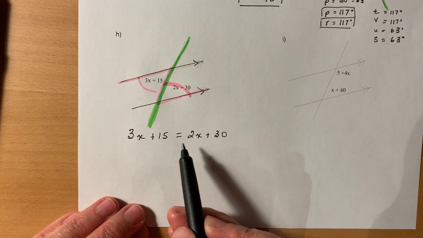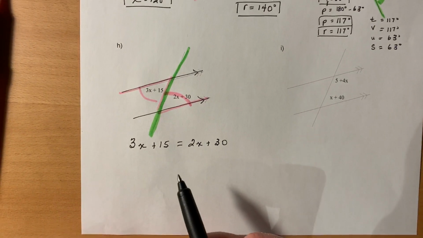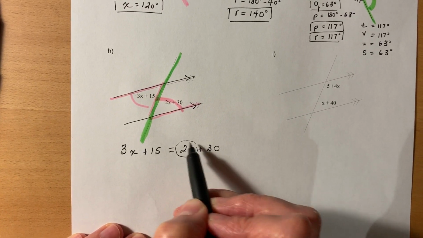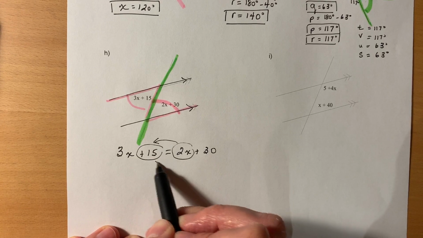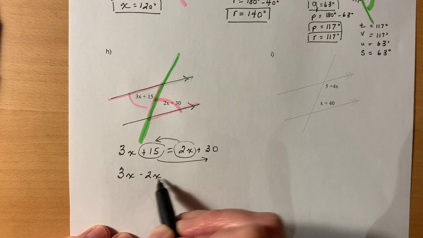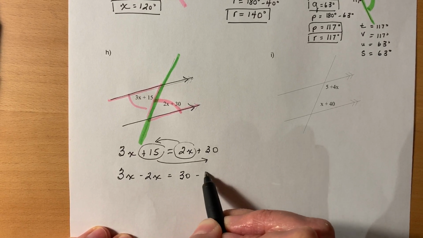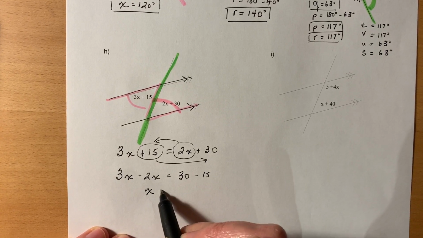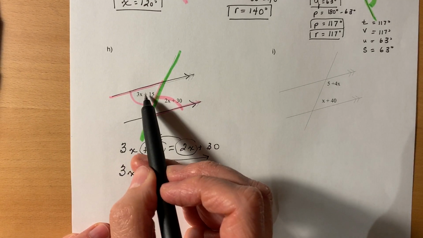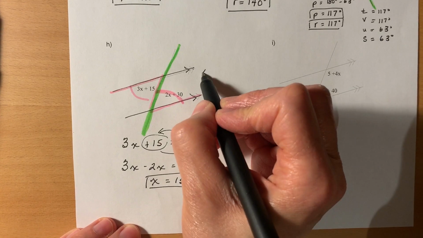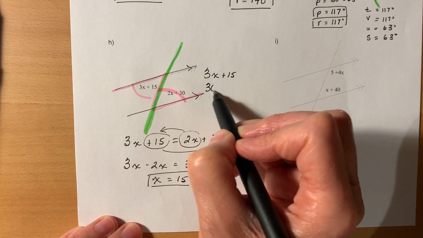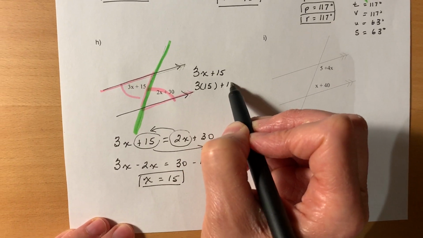This should look familiar because this is an equation. We did similar stuff in chapter 4. Now to solve it, bring all the x's to one side, anything without x to the other. Remember to change the signs when you move. So this tells me my x is 15, but that doesn't tell me the angle yet. I need to sub it in. So if I do 3x plus 15 to figure that angle, I do 3 times 15 plus 15.